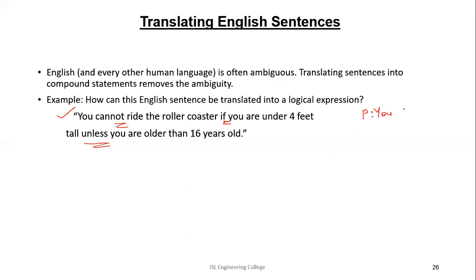So negation P will become you cannot ride the roller coaster. So I'm just writing RC. Then Q is you are under 4 feet tall, and R is you are older than 16.